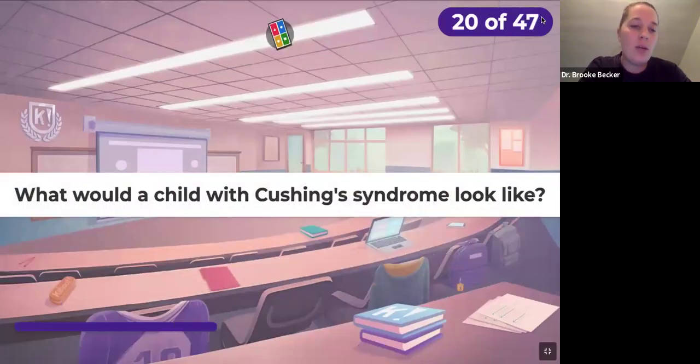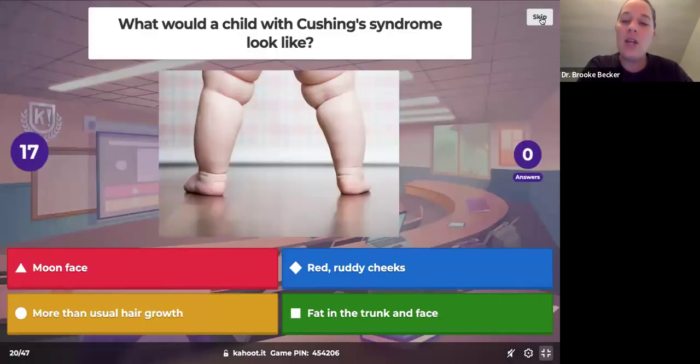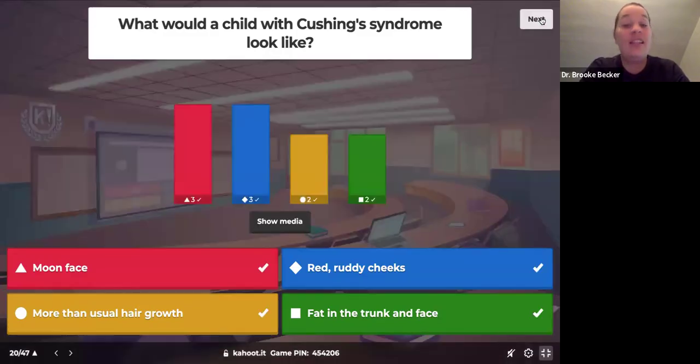Okay, multiple select. What would a child with Cushing syndrome look like? Kind of already talked about this a little bit. Moon face, red ruddy cheeks, more than usual hair growth, or fat in the trunk and face. This was a multiple select. Yes, all of those things.